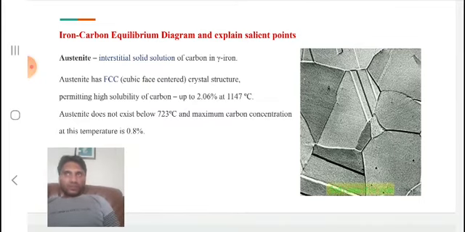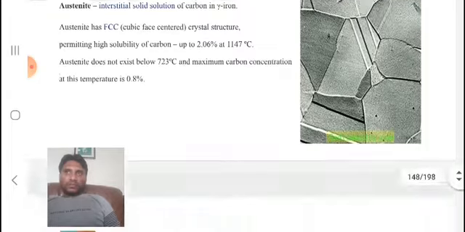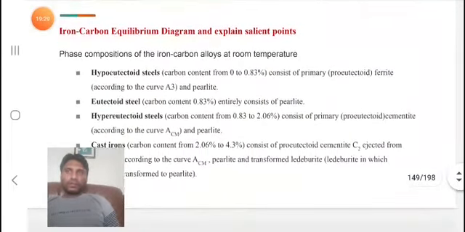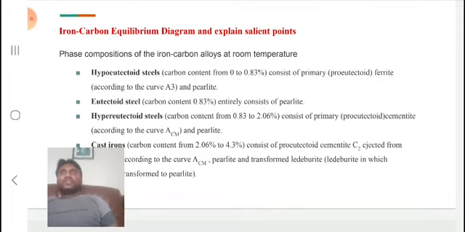So the phase compositions of the iron carbon alloys at room temperature: hypoeutectoid steels we discussed, eutectoid steels we discussed. Hypoeutectoid steels means those steels having carbon content less than 0.8%, and the phases present are ferrite and perlite. Eutectoid steels entirely consist of perlite, 100% perlite.